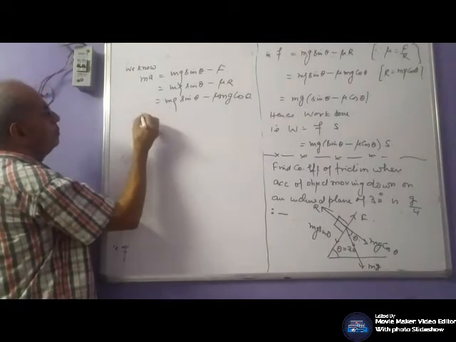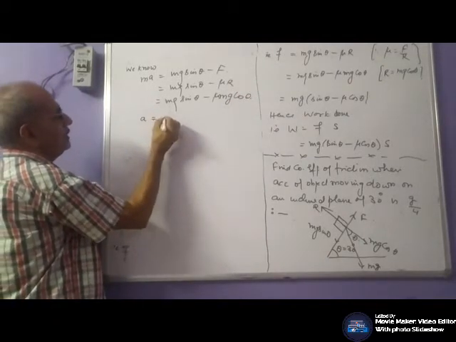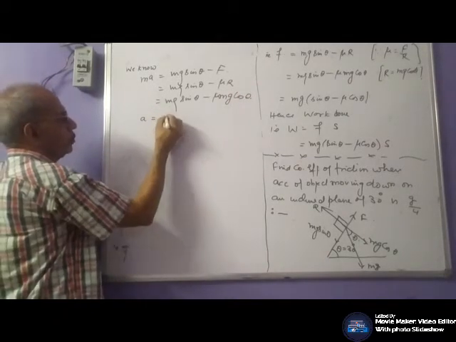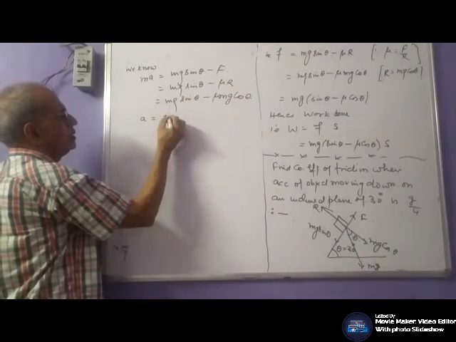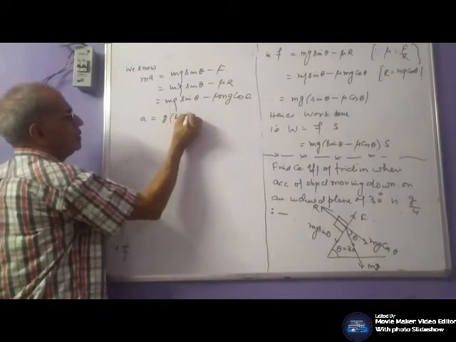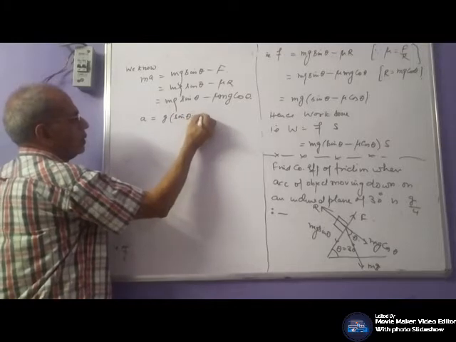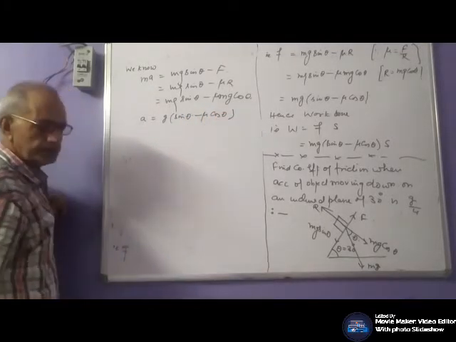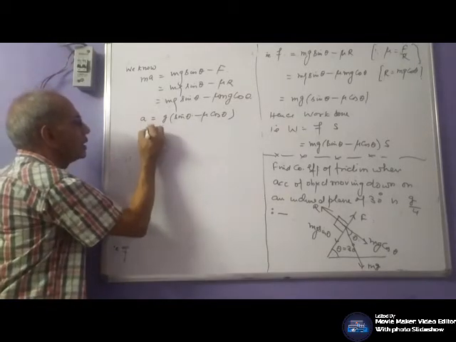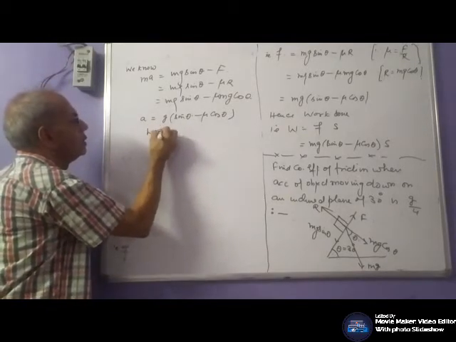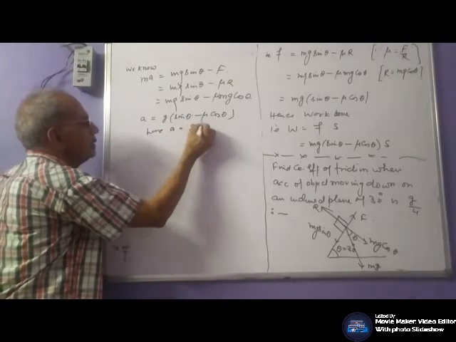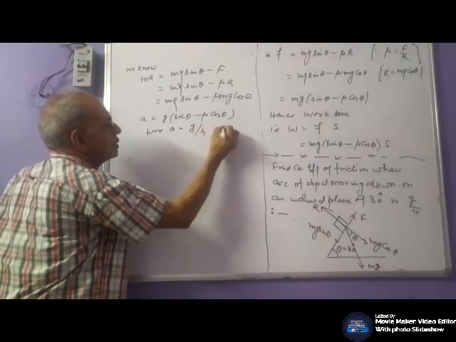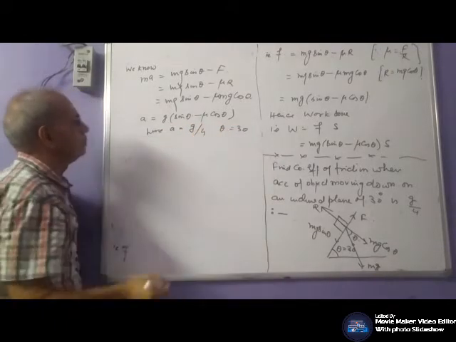m goes with m. So a is g sin theta minus mu cos theta. Already calculated the a. Here a is g by 4. Theta is 30 degree.